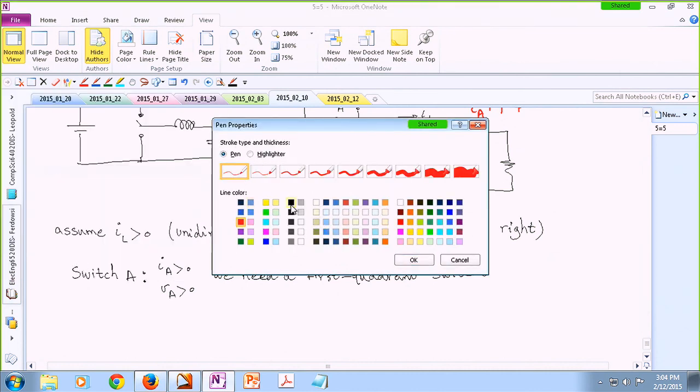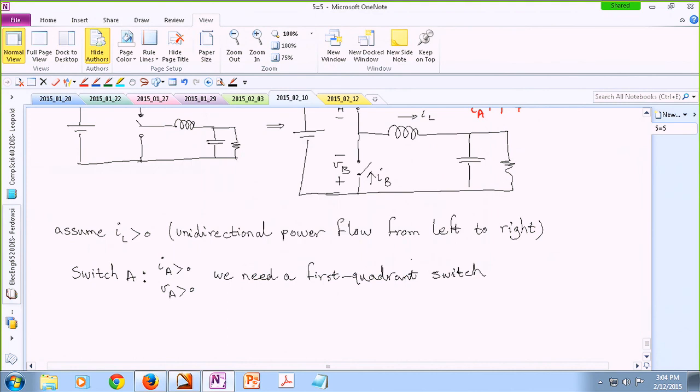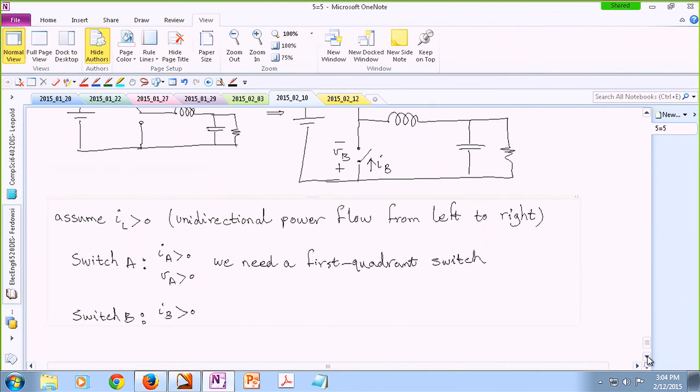All right, now let's take a look at switch B. So when this switch is on, it is conducting the inductor current, so IB is positive, given the direction that I've shown for IB. But then when the switch is off, it is blocking the input voltage in a negative way.